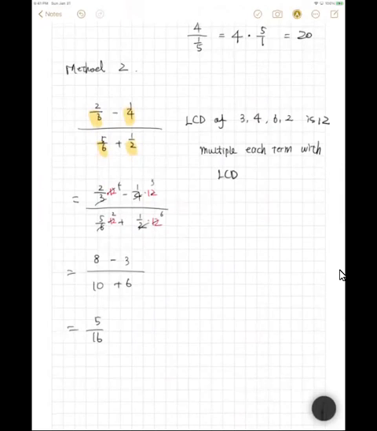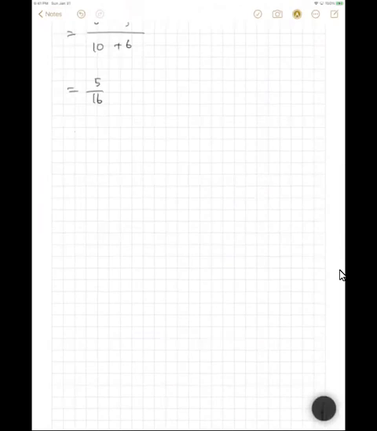our fraction polynomial. Okay, so I have 1 minus 1 over x squared over 1 minus 1 over x. I want to identify what is the least common denominator. Now I want to use method 2. Well, we need to use the highest exponent.